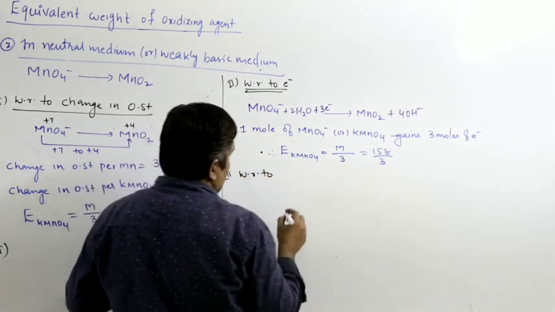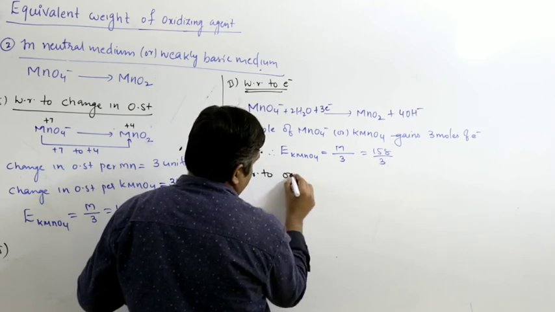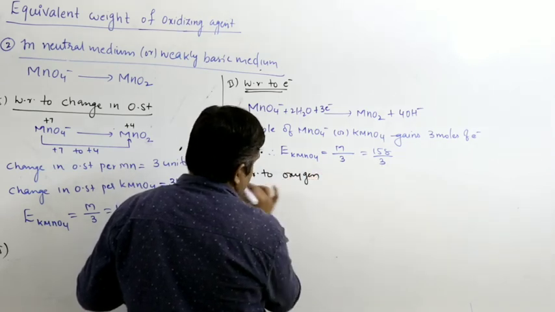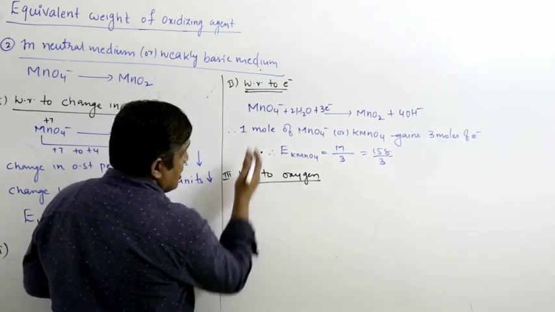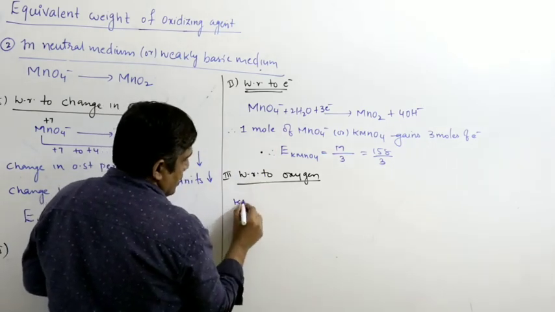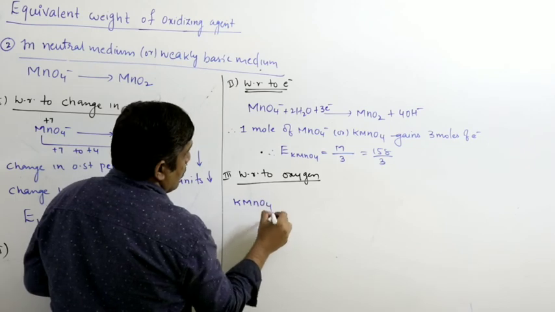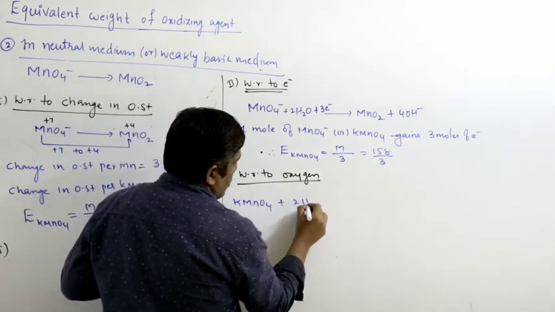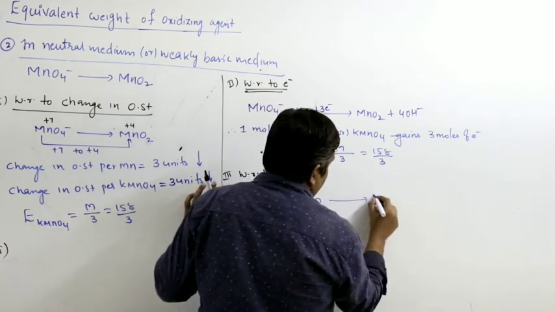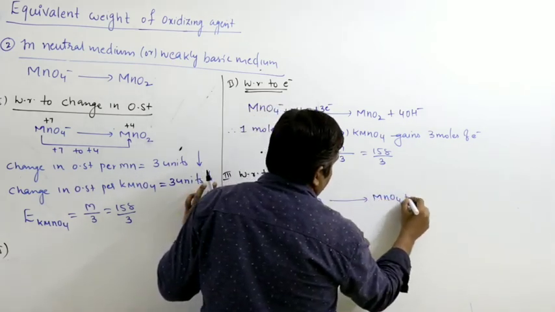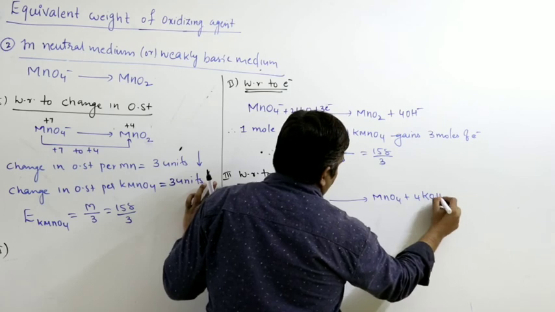With respect to oxygen released, oxygen produced. So just add potassium: 4 KMnO4 plus 2H2O gives 4 MnO2 plus 4KOH.